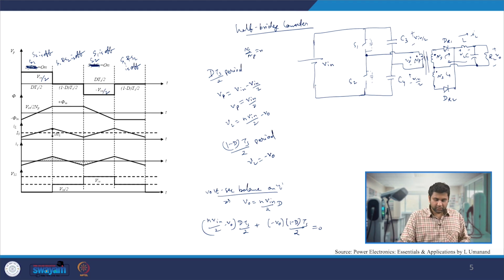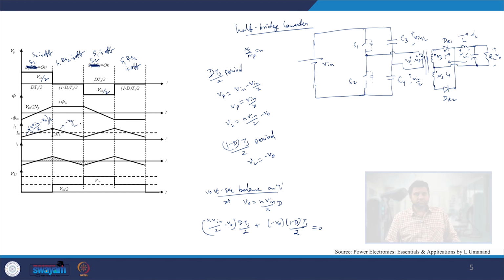Vp is equal to 0, so d phi by dt is equal to 0, and my flux is actually a constant term, which is plus phi m. And since my VL applied is minus V naught, the current will be falling down, from N V in by 2 minus V naught by L, with a slope of minus V naught by L, it is falling down.